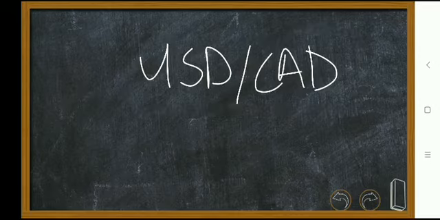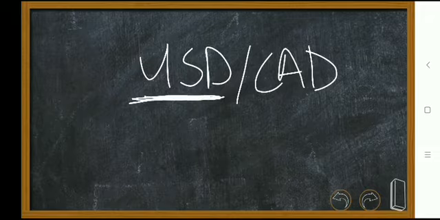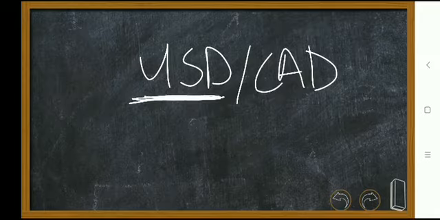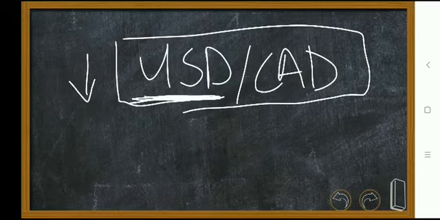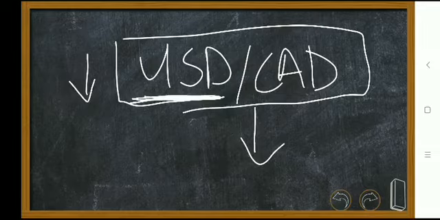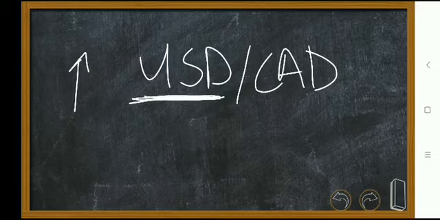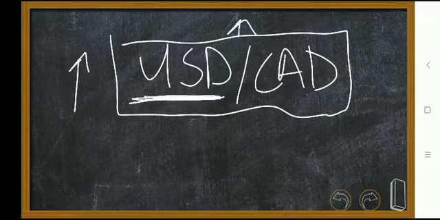Because USD is the base, its movement is the movement of the entire pair. If it goes down, the entire pair goes down. And if it goes up, the entire pair goes up. Simple.